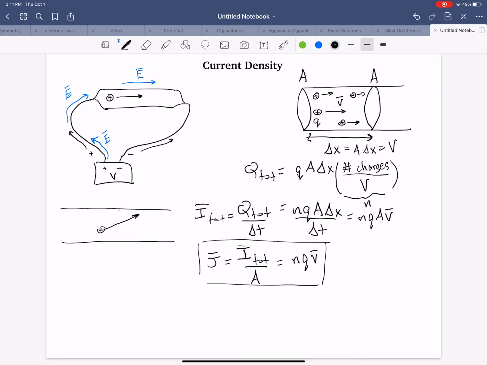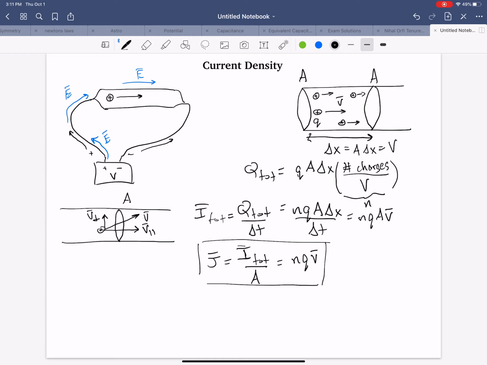Well, if we draw our cross section of A, that current only depends on the charges moving through the wire, not across the wire. So this velocity here still has components. It has a component like that and a component like that. I'll call that one V parallel and this one V perpendicular.